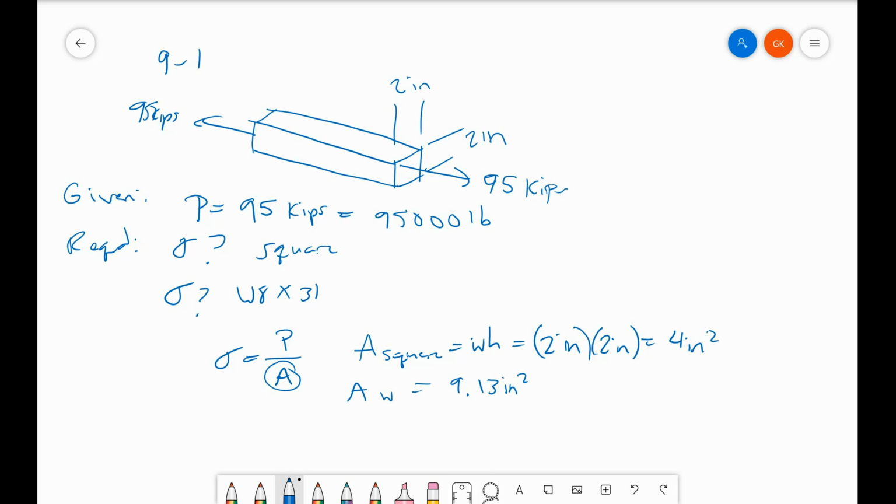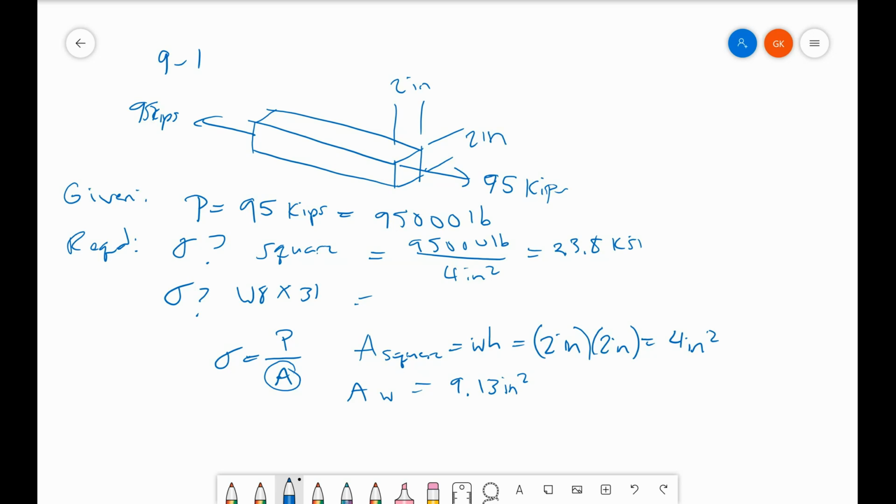Okay, now what is the stress? Well, we now have all the information we need so we can plug it into our calculations. It's going to be equal to 95,000 pounds over 4 inches squared, which should come out to be 23.8 KSI, which is kilopounds per square inch.